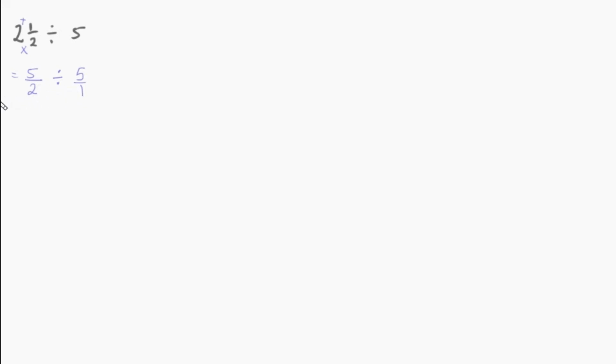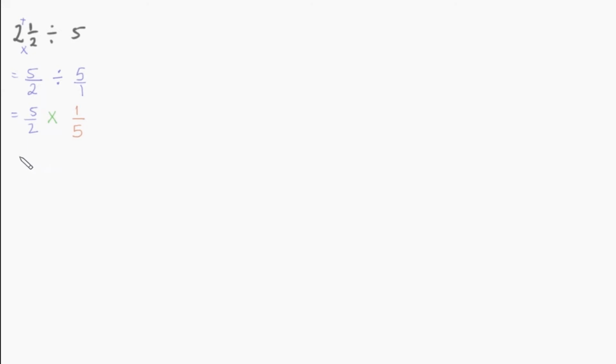So that means we are going to have 5 over 2, then our special moment of changing the division sign into the multiplication sign. You also have to turn this fraction upside down, so you have 1 over 5.